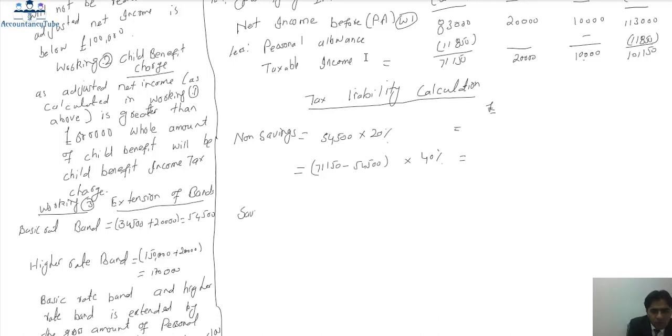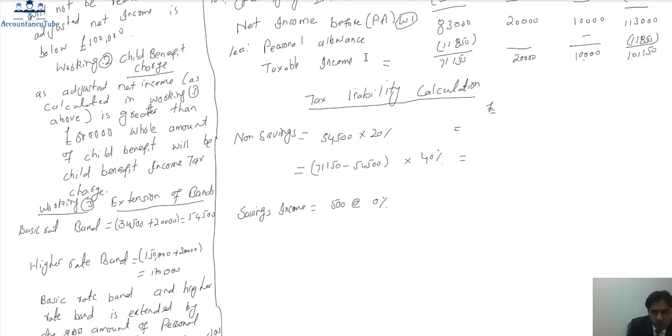Then we will move on to the savings income. On the savings income, we know that the first £500 is at the rate of 0% because of the nil rate band. So first 500 is equal to 0 because there is no tax at all.